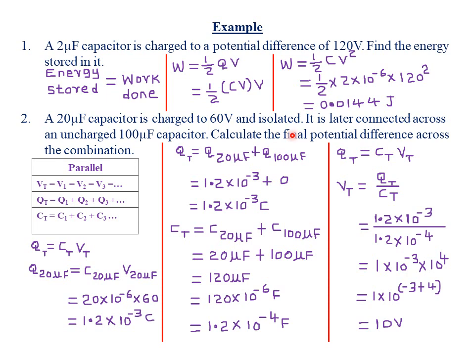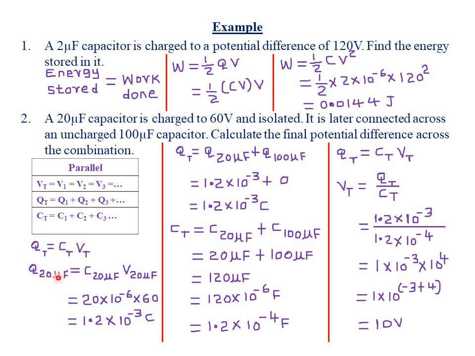To find the final potential difference, we just need the equation of charge, which was Q is equal to CV. So to find V total, or the final potential difference, we need to have the total capacitance. We also need to have the total charge. So let's start by finding the charge through the 20 microfarad capacitor.